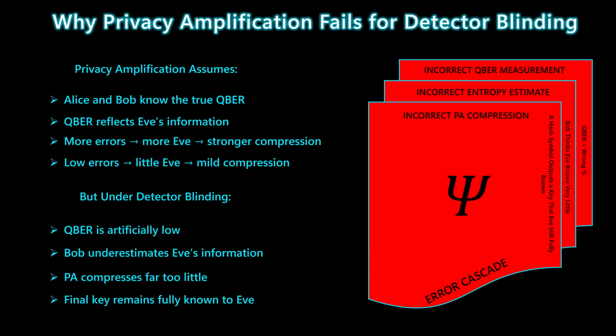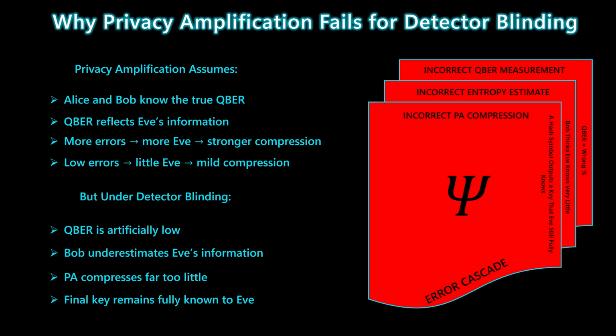He believes Eve has almost no information when in reality, she knows nearly every bit. This leads to an error cascade. A wrong QBER produces a wrong entropy estimate. A wrong entropy estimate drives a privacy amplification step that compresses far too little. And at the end of the pipeline, the system outputs a key that Eve still fully knows. This is the central vulnerability.